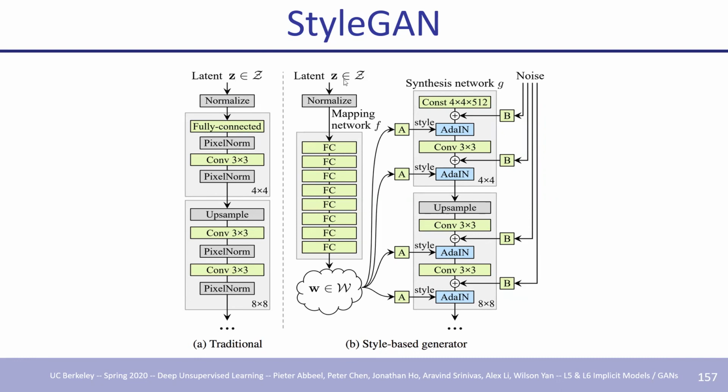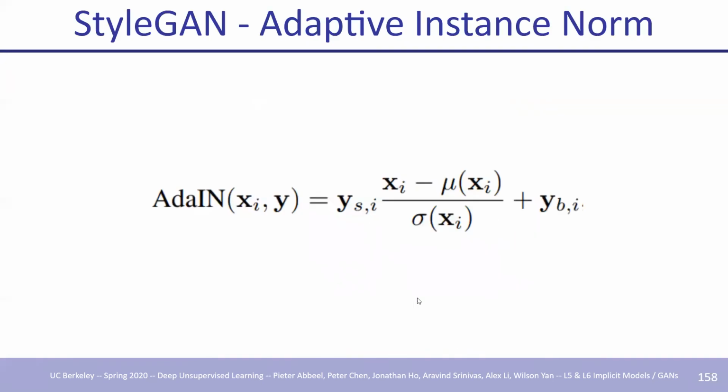Here, the Z is passed through all these layers, and it produces W. And the W is fed through all these different layers and just inputted as a style. The actual thing that starts off is a constant 4 by 4 by 512. So it's always the same. And then there's some noise added at each step. So the Z itself is not going through it. It produces W, and then W is added as style elements.